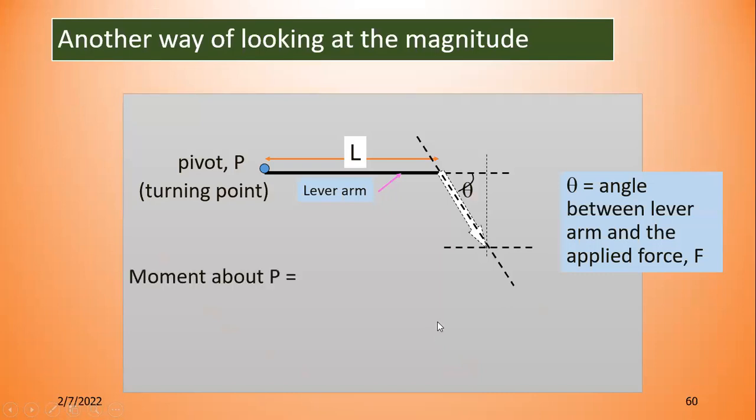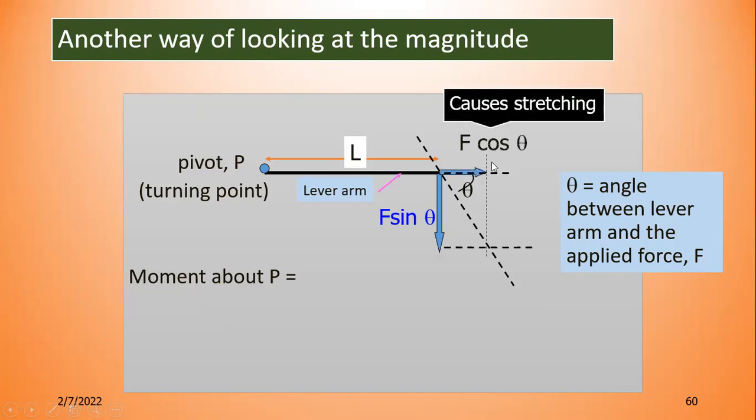Okay, so the moment of force about P. Remember, we can replace that force with components F sine theta and F cos theta. F cos theta causes stretching. It doesn't cause any rotation. It just makes the rod longer or pulls on the pivot, pulls on the lever arm.